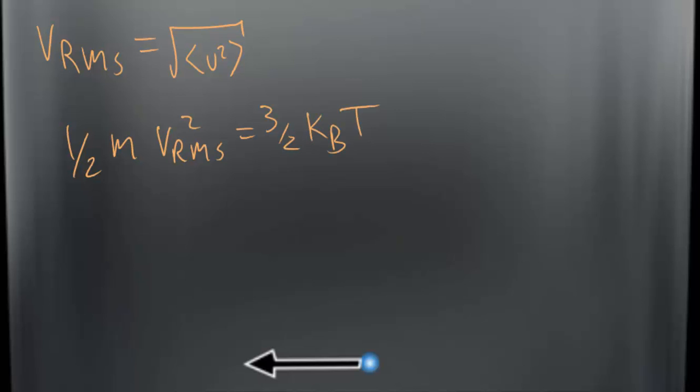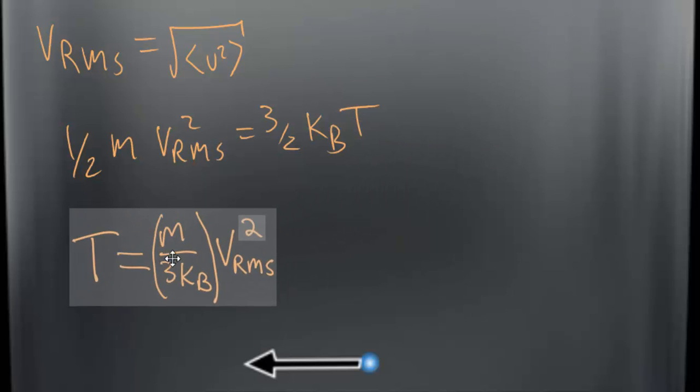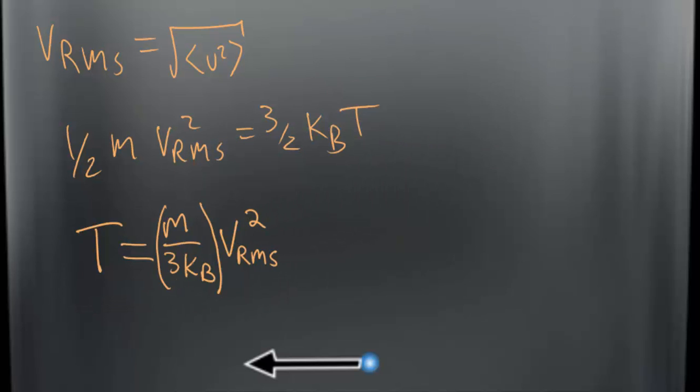And we can rewrite this to get just temperature by itself on the left. It's temperature equals mass over 3 times Boltzmann's constant times v RMS squared. And we can use this to figure out what happens when you increase the velocity by a factor of 2. So just write your initial temperature is equal to, we have our constants here, using this equation, and then call the initial velocity v_i, and it's squared.